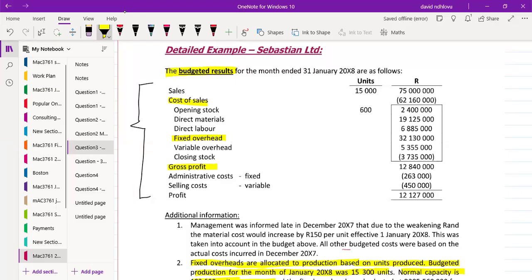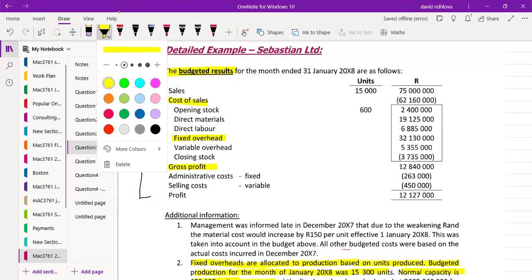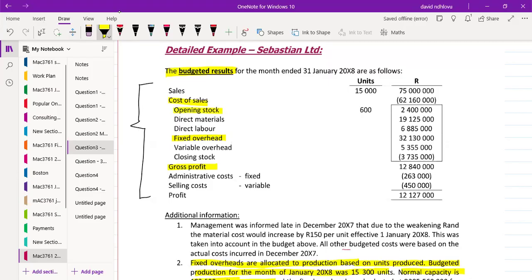So once we have that understanding, we then go, when we are dealing with opening inventory, and say, right, we have opening inventory of 2.4, which is made up of 600 units. But this was created specifically for an absorption costing system. And then we say, what, by the way, is the difference between the two? Here we included variable manufacturing cost plus the fixed manufacturing overheads.